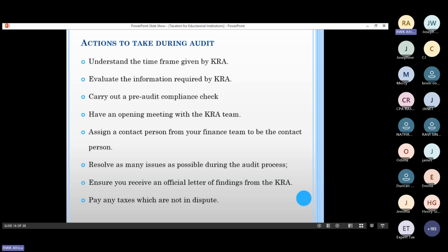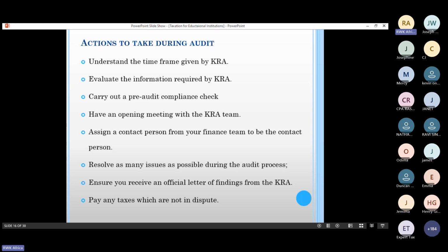Resolve as many issues as possible during the audit. They will highlight that they want to audit the Pay As You Earn, but if you note that you have any other issue, ensure that it has been solved before the audit process is closed, so that we cannot have the same audit being repeated again. So all issues that have been highlighted, ensure they have been handled through the audit process.